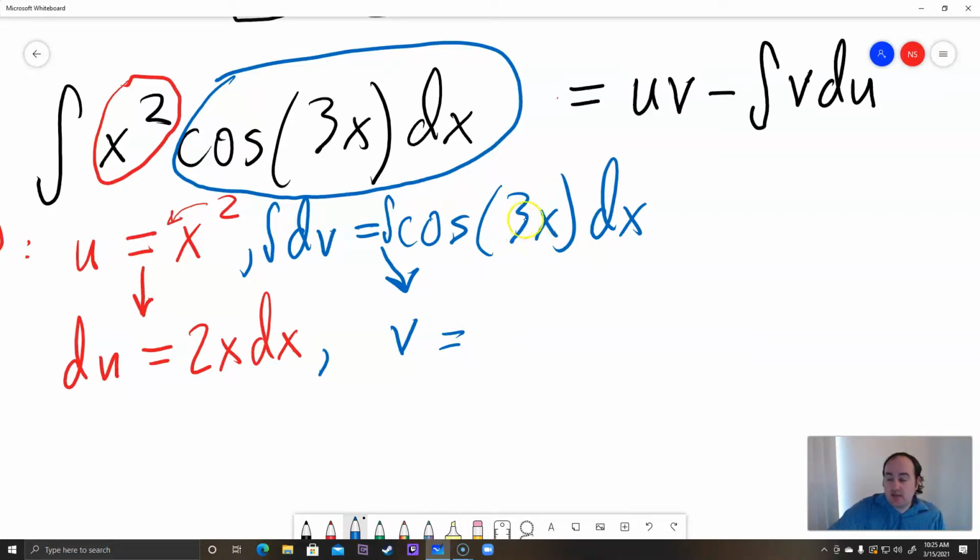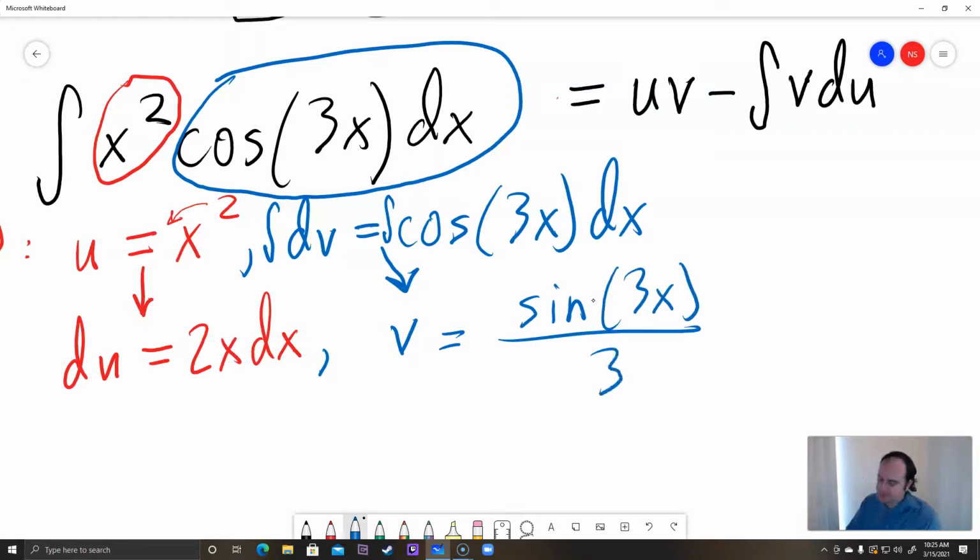So here we're going to end up dividing by 3. If you don't believe me about that, you can always work through that part of these problems with our u substitution. You would let u equals 3x, take the derivative, then you would get du dx equals 3. But after you do that, you end up dividing by 3. So here we're going to get sine of 3x divided by 3.